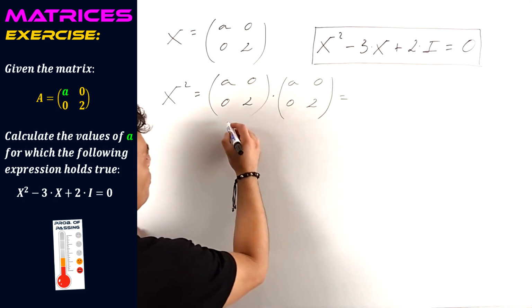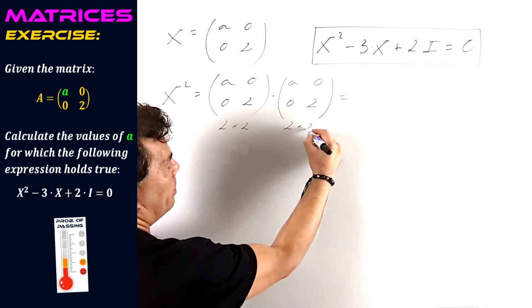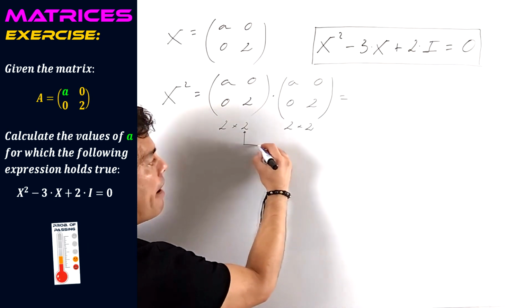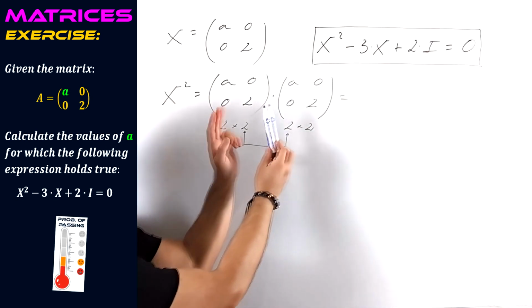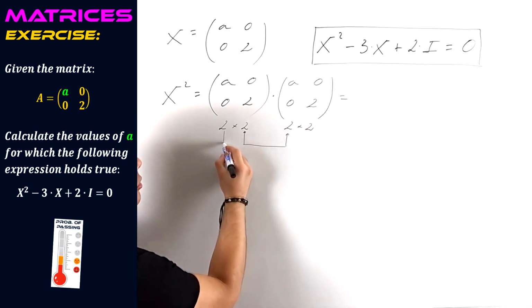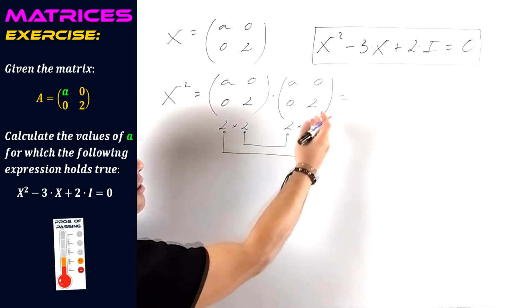First, we locate the dimension of both matrices. Well, if the inner subscripts match, like in this case, it means that we can proceed with the product. Second, the outer subscripts are telling us the dimension of the result.